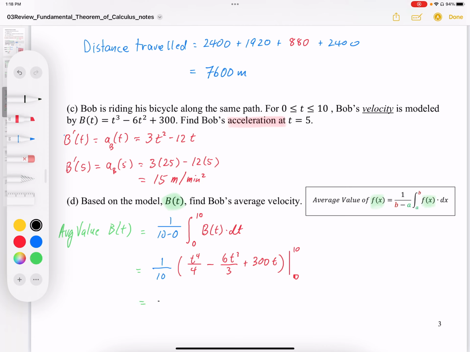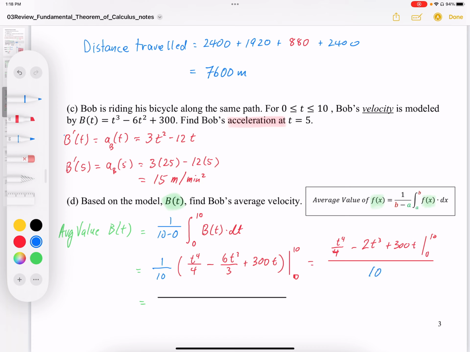Maybe I'll just simplify this out first. So this is going to be equal to t to the 4 over 4 minus 2t cubed plus 300t, and we're going to evaluate this integral from 0 to 10 and divide it by 10 minutes.